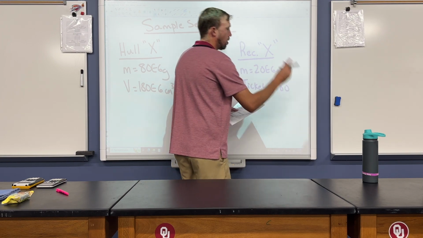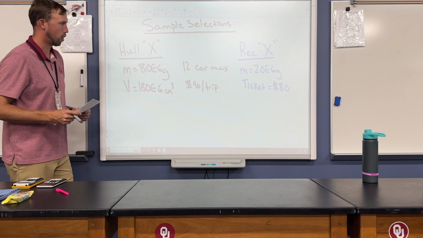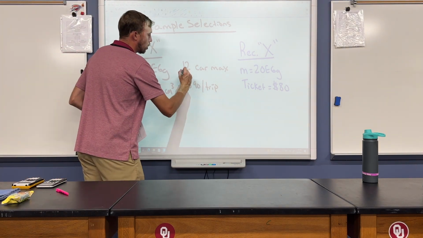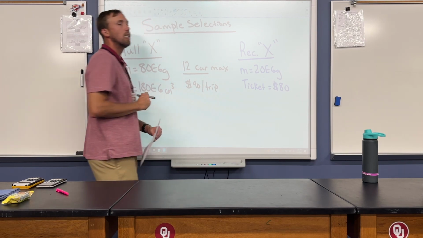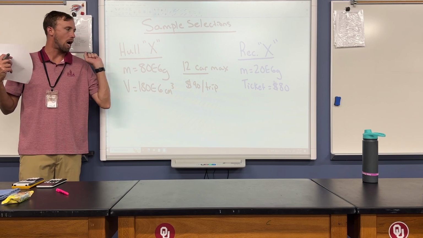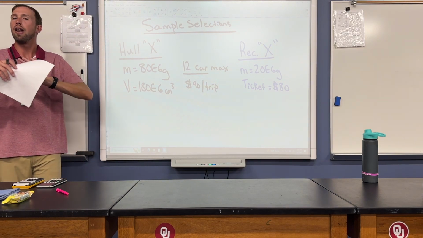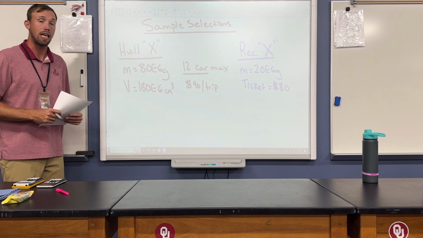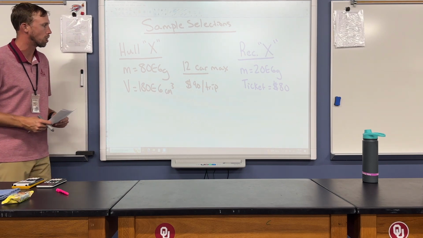Again, just to be clear, these are not options available for you all. The last thing I'll clarify is that I'm going to go with the 12 cars. You don't have to max out your number of cars, but I just want to make as much money as I can, and hopefully the mass and volume will work out. If they don't, I'll have to revisit my selections a bit later.